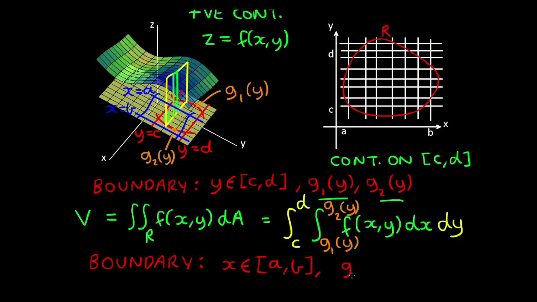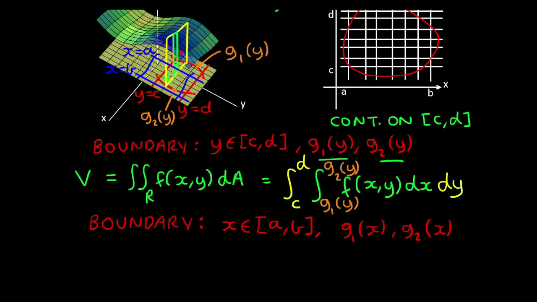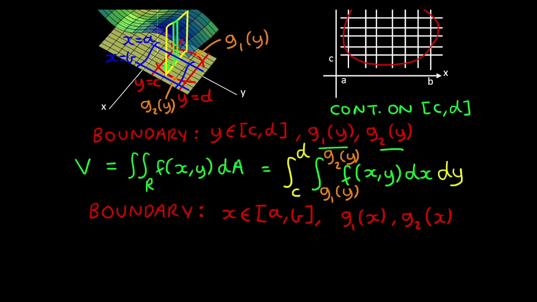So these functions will be functions of x. Then we instead take a cross-section that's parallel to the y-axis and integrate the function with respect to y first. So for example, the cross-section in this case may look something like this.